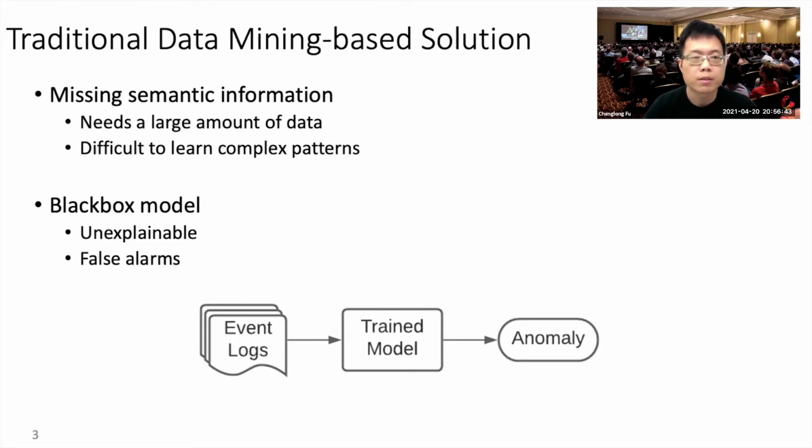Because they do not use any semantic information, they need a large amount of data for training, and they have difficulty capturing complex patterns of smart home device systems. Also, their generated models are black box models, so that means they are not explainable. And their models produce a large amount of false alarms.